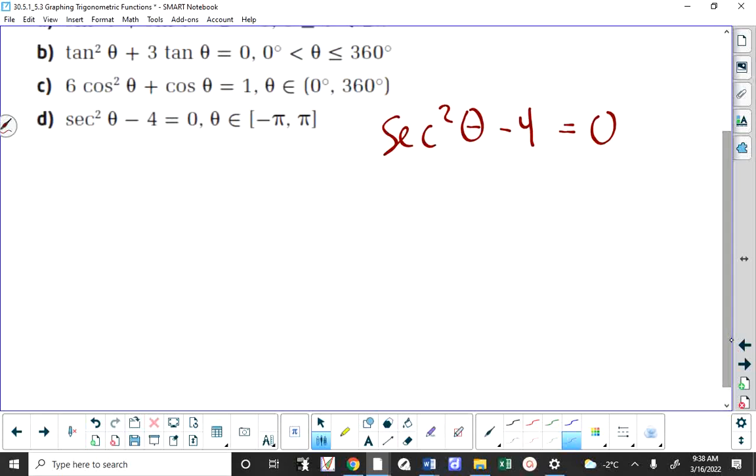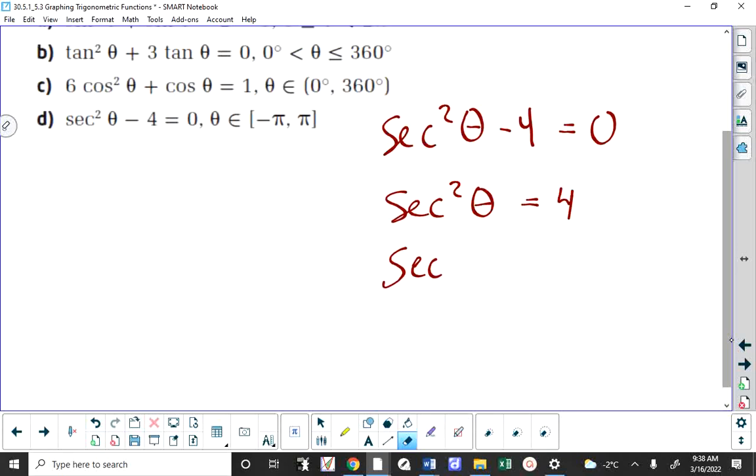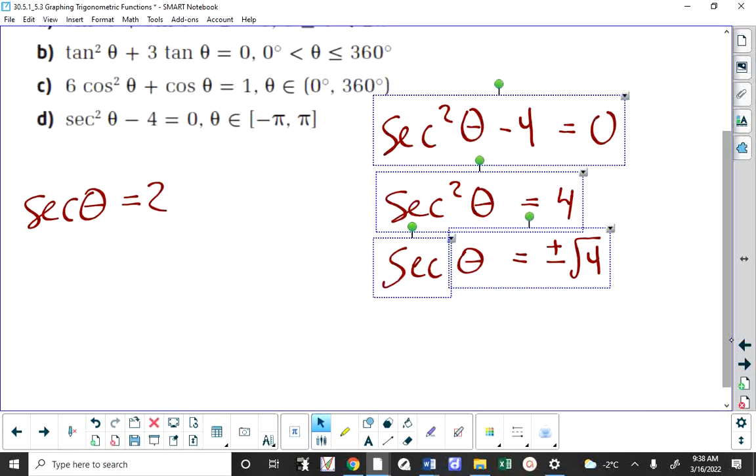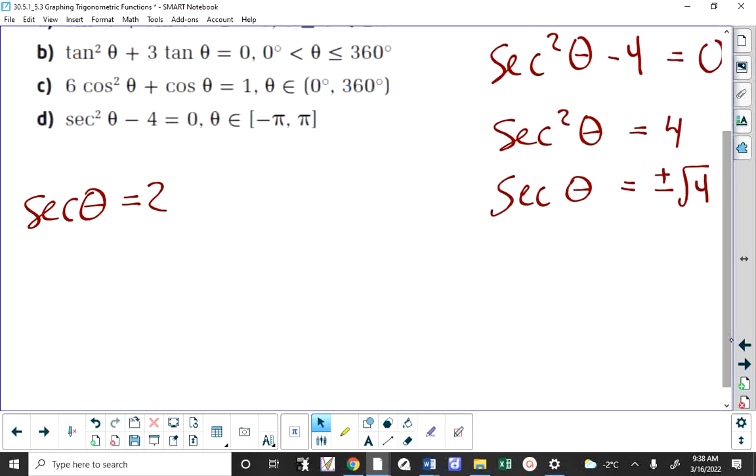But I would solve this by isolating the trigonometric ratio first, taking the square root of both sides, remembering, of course, that when you introduce a square root, it's plus or minus, and that leads us to 2 linear equations. One is secant of theta equals 2, and the other is secant of theta equals negative 2.